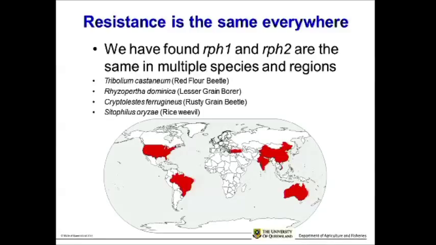In all of the countries that we've looked at, we've had collaborators in India, we've had strains from China and Vietnam, Turkey, America, and so whenever we're talking about phosphine resistance globally, we're really talking about the same thing everywhere. So we don't have these metabolic genes that might pop up in one species or one strain in one country and something else in another. We're really talking about the same thing everywhere.